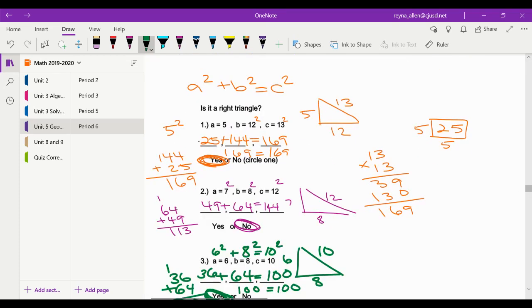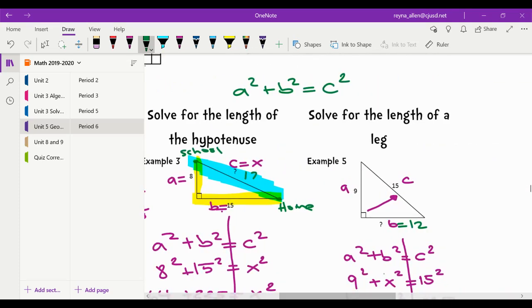So over here, we squared all of our numbers, and we were able to determine if it was a right triangle or not. It can also help us find missing lengths. If we say it is a right triangle and I need to find the missing side, it can help us find that missing side by adding and subtracting and squaring and doing square roots.